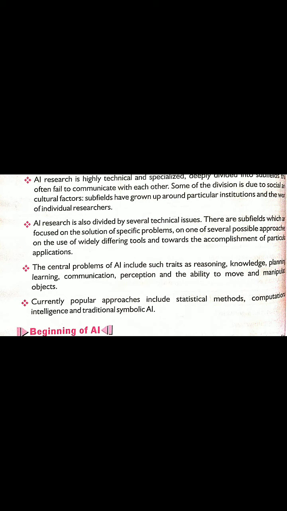So these are all the central problems faced by an artificial intelligence machine. Currently popular approaches include statistical methods, computational intelligence, and traditional symbolic AI. So these are all the different types of research going on in artificial intelligence.